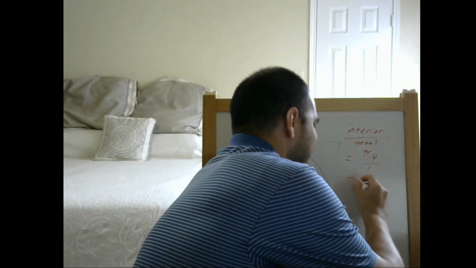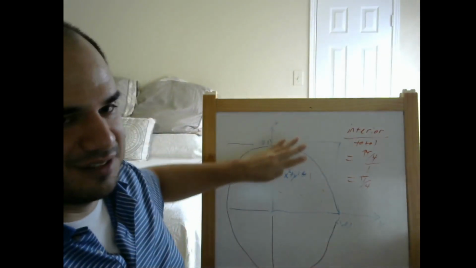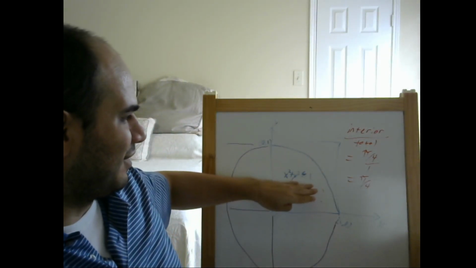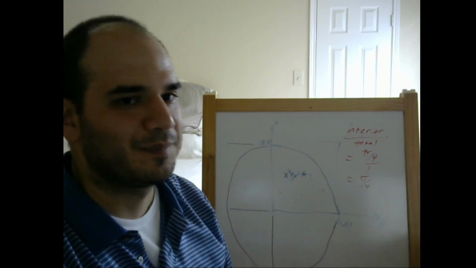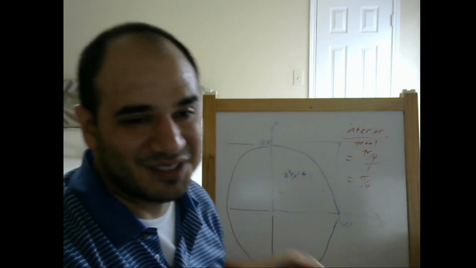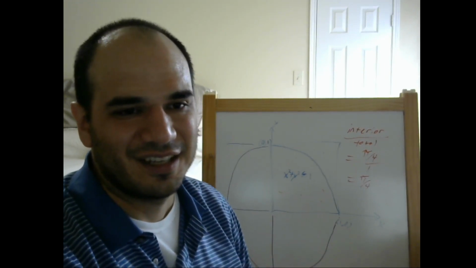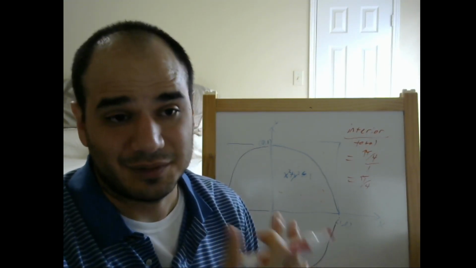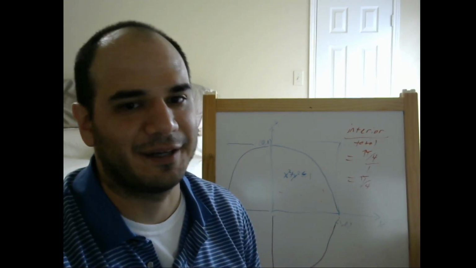So then this experiment would converge this ratio towards pi over 4. And so you can use random variables and this method to statistically compute an approximation to the value of pi.